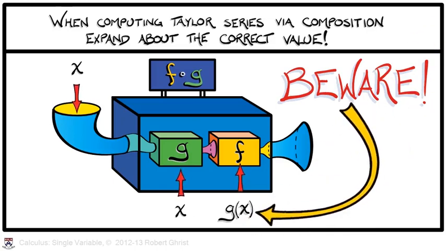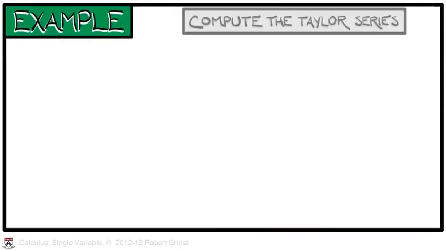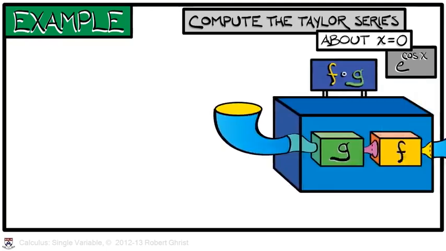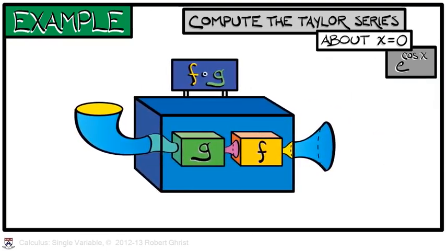And it is that term in particular that causes problems. In an explicit example, we'll be able to see how this works. Compute the Taylor series of e to the cosine of x about x equals 0. Well, e to the cosine x is a composition. What do you do first? First, you take the cosine of x, then you exponentiate it.